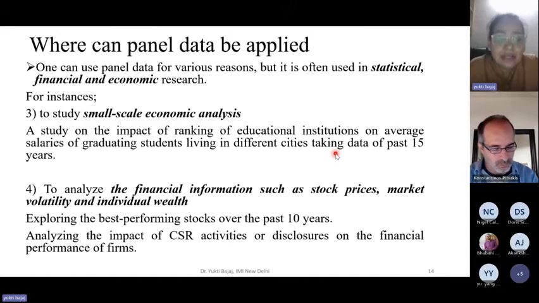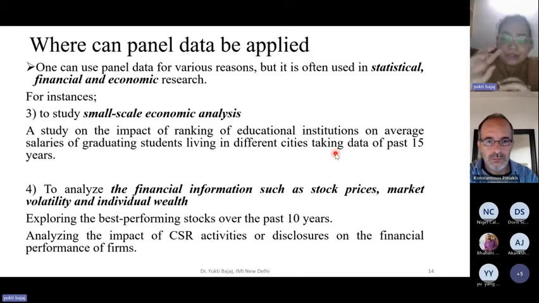Then talking about the finance domain, there are multiple ways that we can use panel data there. One of them is, say, stocks. For example, the one example in the beginning that I gave you was the stock price for just one stock, that was Microsoft. Now, you are looking at the top 10 stocks as per some analyst who said that these are the top 10 stocks.